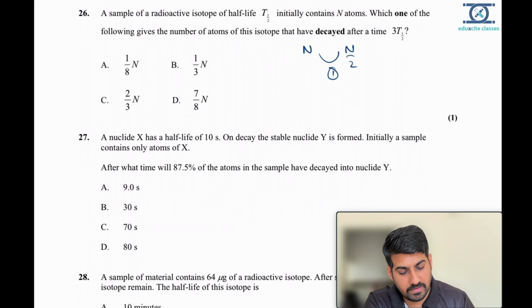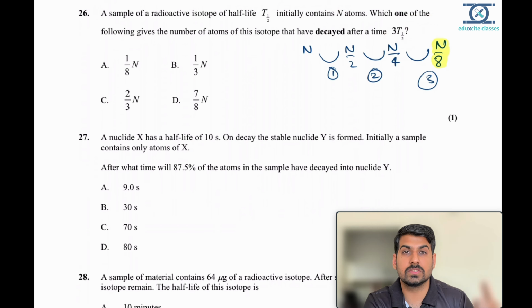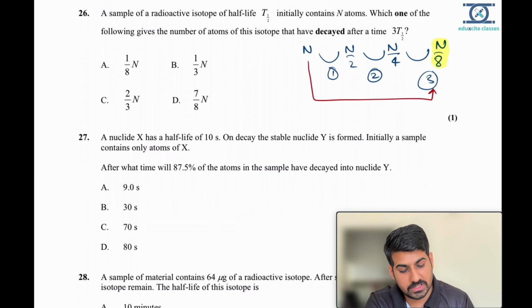This is the first half-life. After the second half-life it will be n by 4, and after the third half-life the remaining will be n by 8. So this much amount is remaining inside the nucleus. So how much has decayed till now? From n to n by 8, how much has decayed? n minus n by 8, because initially n was present.